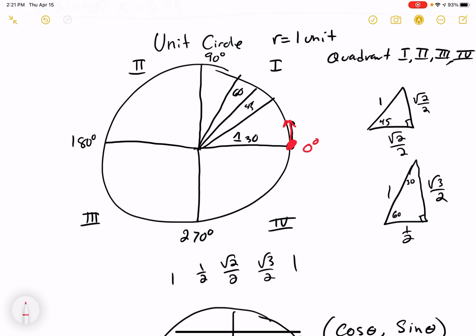The way to find that is use the properties of 2 special right triangles. The first one is the 45-45-90 triangle. We're going to give it a hypotenuse, a length of 1, so that's the radius of our unit circle. And if that's the case, then the sides are going to be the length of square root of 2 over 2 and the square root of 2 over 2.